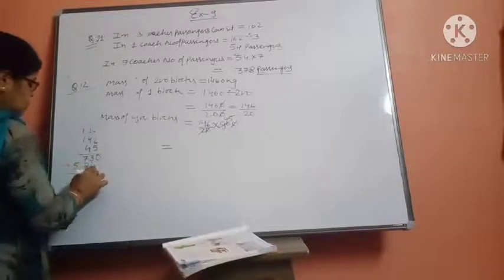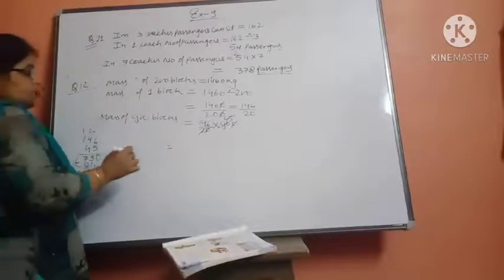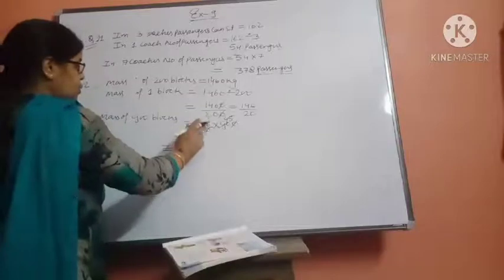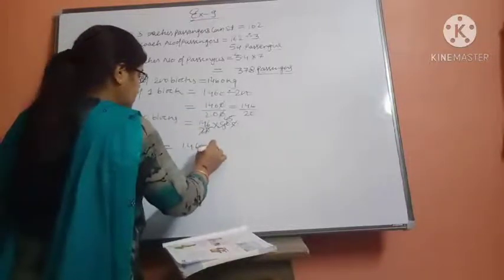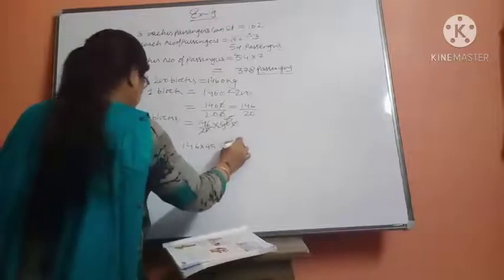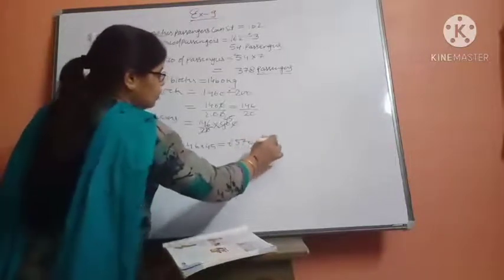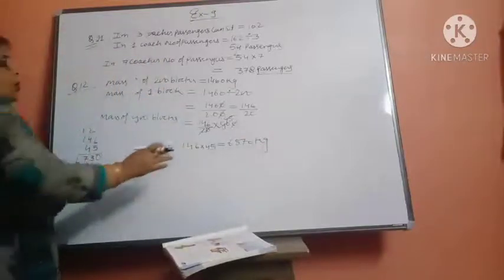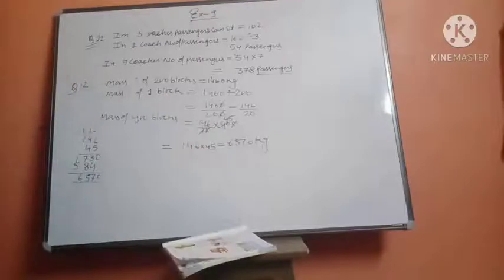Now add them: 0, 4 plus 3 is 7, 8 plus 7 is 15, carry 1, 5 plus 6 plus 1 is 7. So the mass of this many blocks, 146 into 45, will come to 6570, and it will be in kilograms, because mass also always comes in kilograms. So it will be this many kilograms.